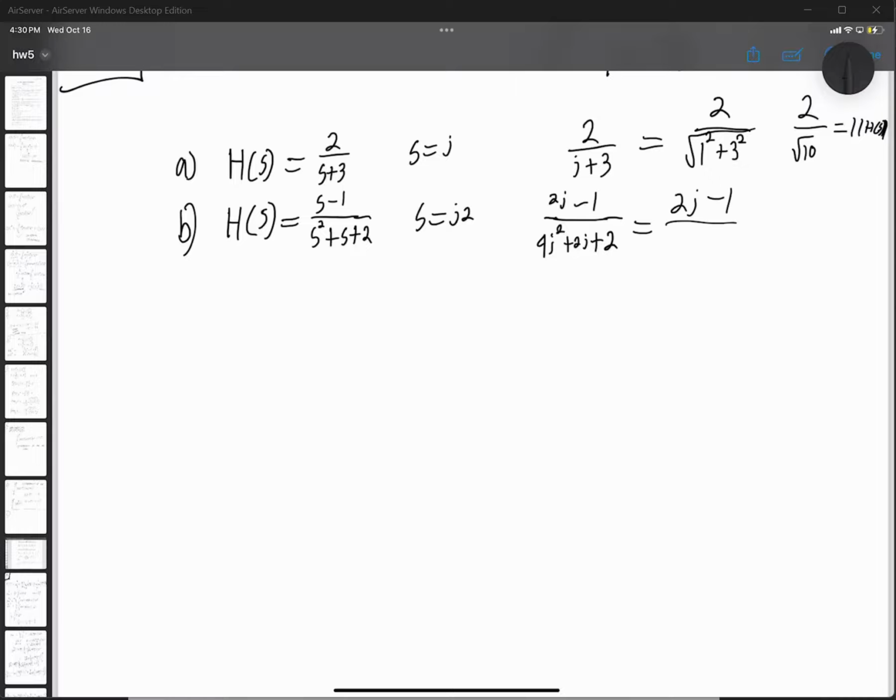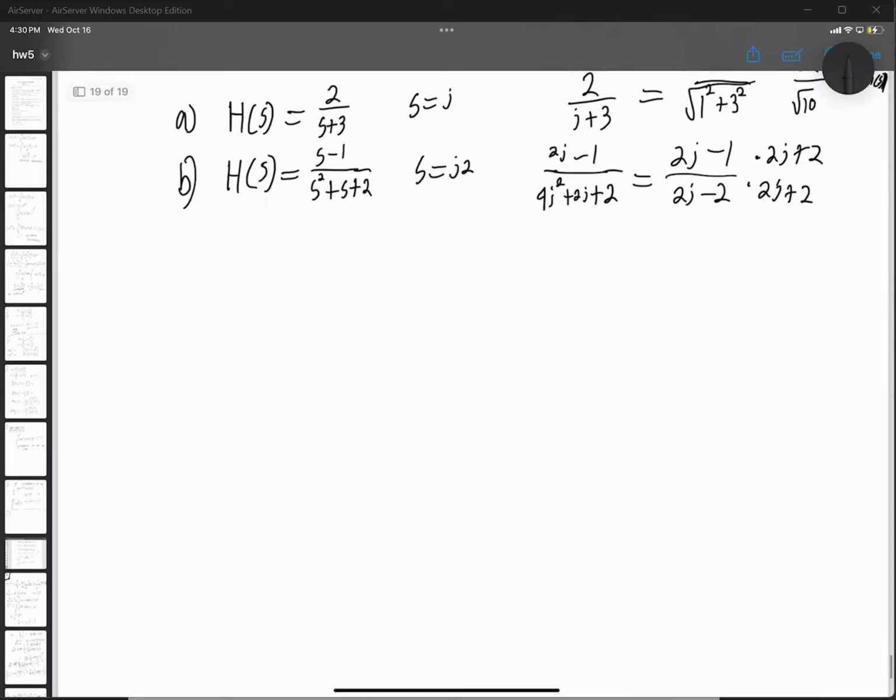This will be negative 4. This will be 2j minus 2. Then we'll do times 2j plus 2 times 2j plus 2. Then we'll get j squared minus 2j.